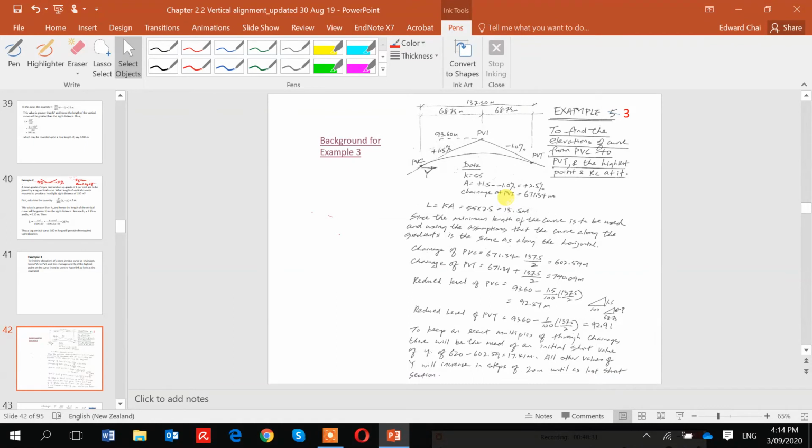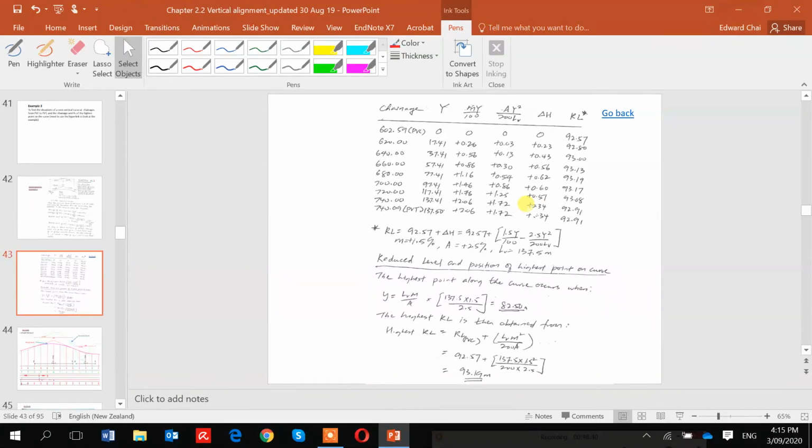The chainage at this PVI here is given as 671.634. So we want to find the reduced level at the chainages at 20 meter intervals, like 620.